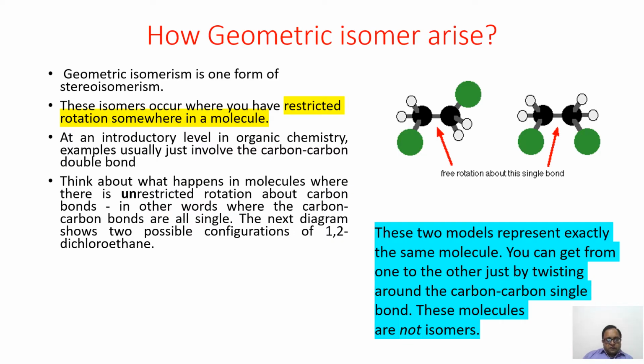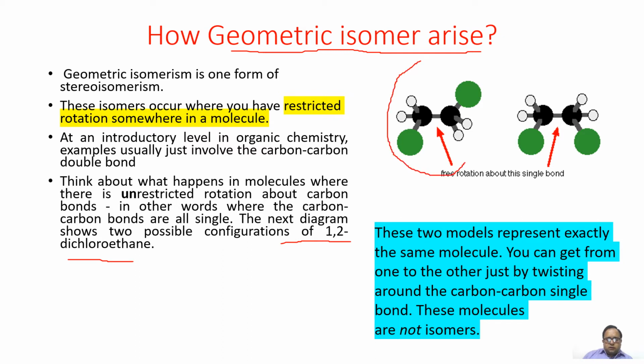In order to understand what geometrical isomerism is and what the geometrical isomers are, I am taking an example of 1,2-dichloroethane.